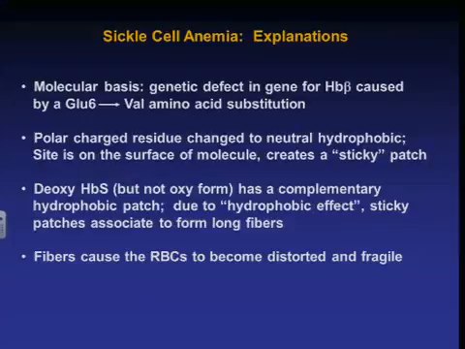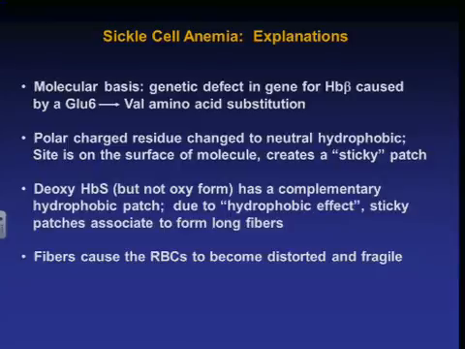The second is that when you look, remember we have the two conformations of hemoglobin, the oxyform and the deoxyform, and there's a structural change. In the deoxyform, and this is important, not in the oxyform, there's a little complementary hydrophobic patch that is formed.